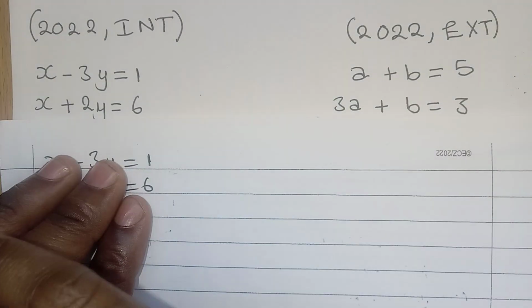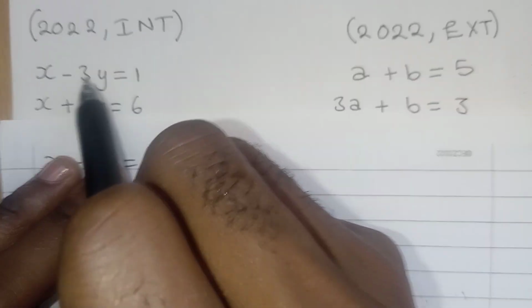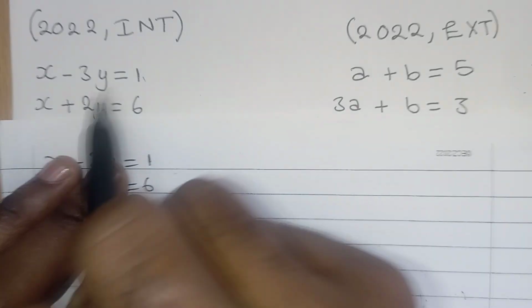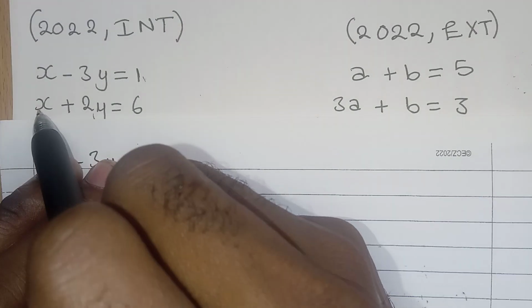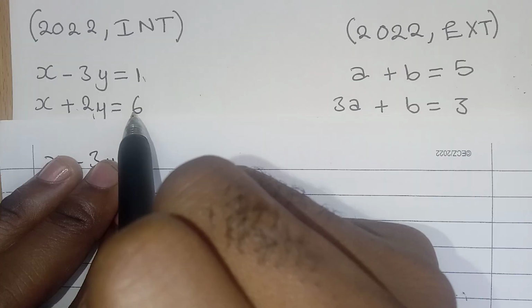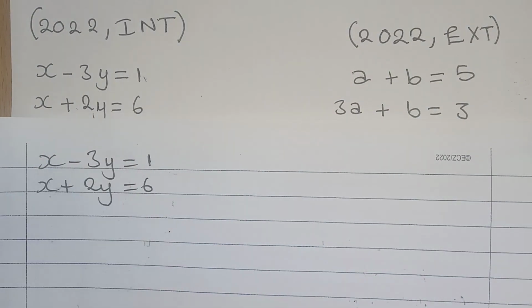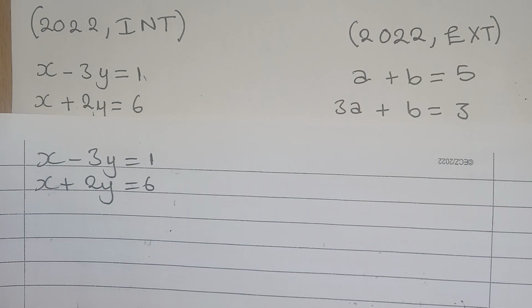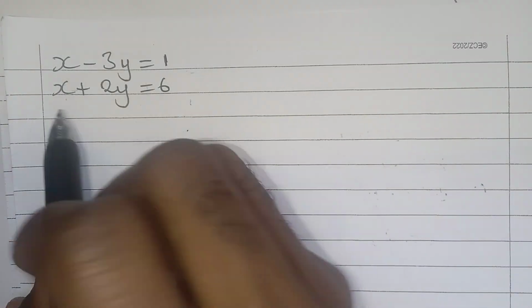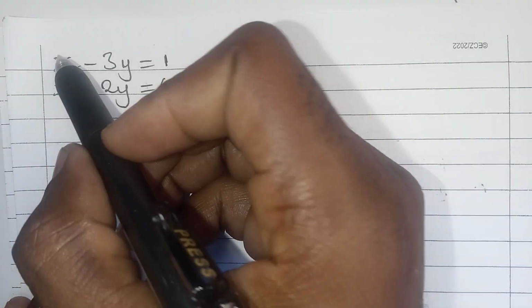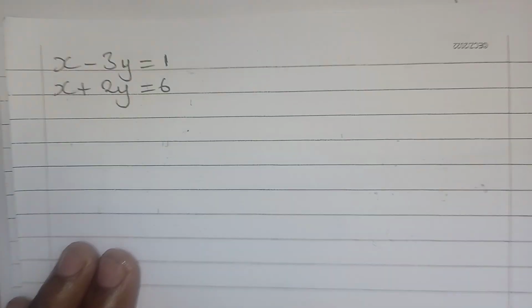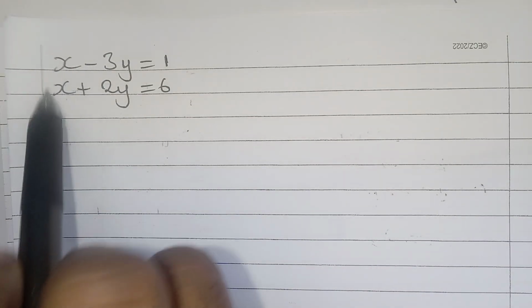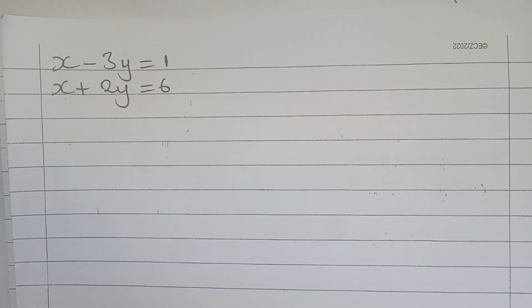Okay, so here is the third one. We have x minus 3y is equated to 1, and then x plus 2y, which is the same as 6. So now to solve a system of equations like this, you check the coefficients again. So as you can see here, the coefficients are the same, except that the signs are not as we expect them to be.